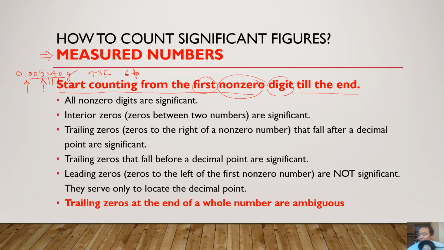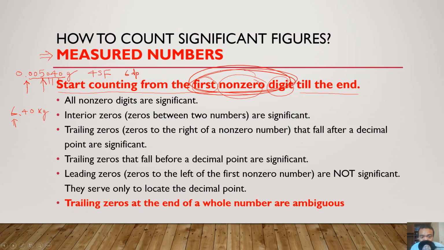Let's look at another example. For example, 6.40 kilograms. How many sig figs do you have? First, when you look at that, apparently this looks like a measure number. This is a mass. You measure that using a balance. So what is the sig figs? Oh, you look at the first non-zero.